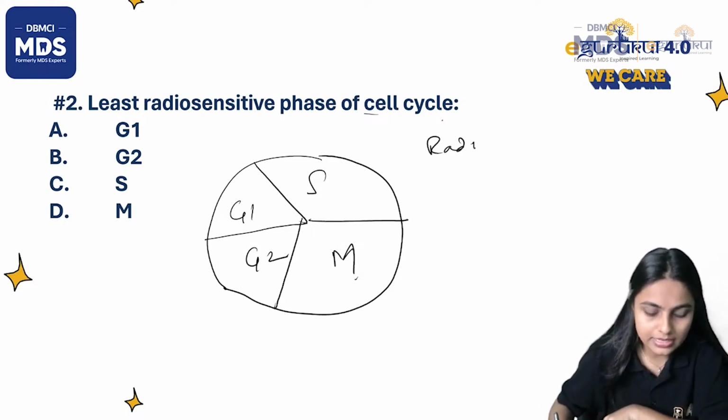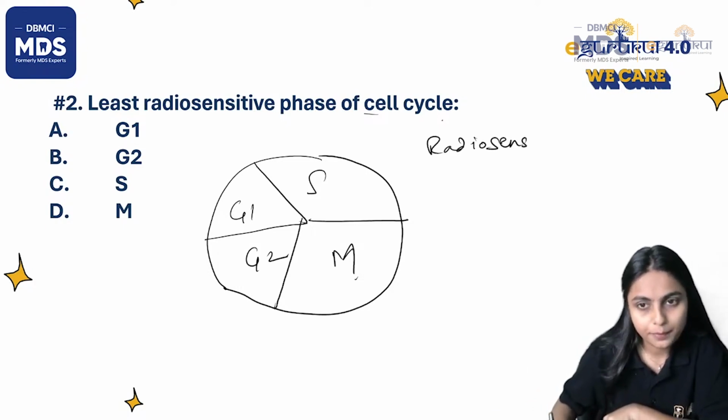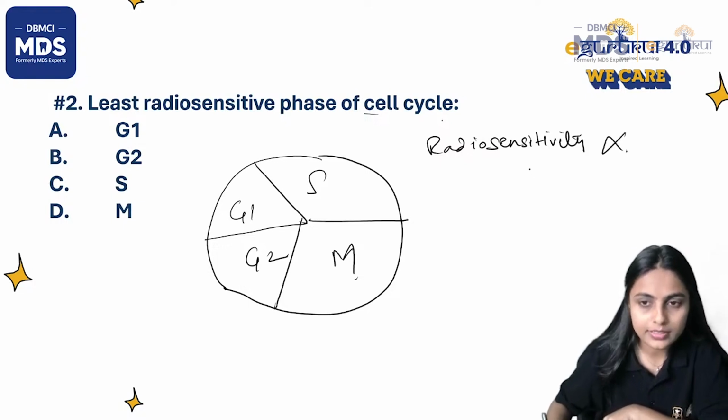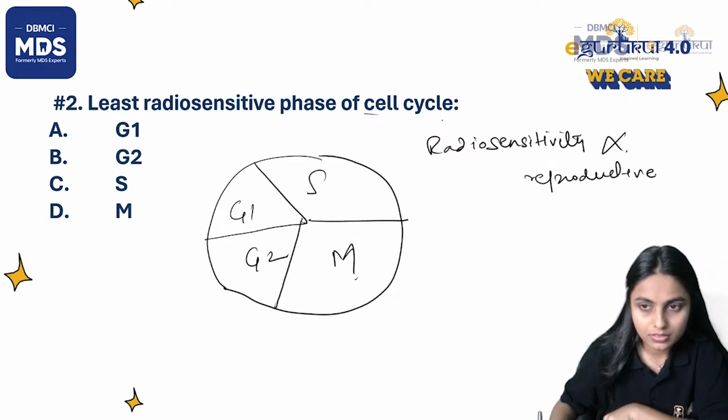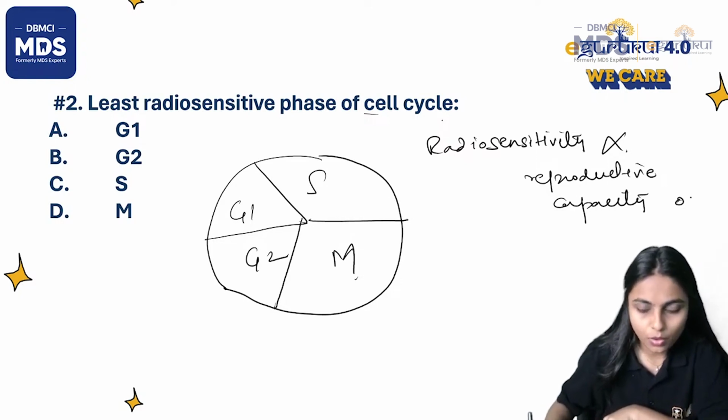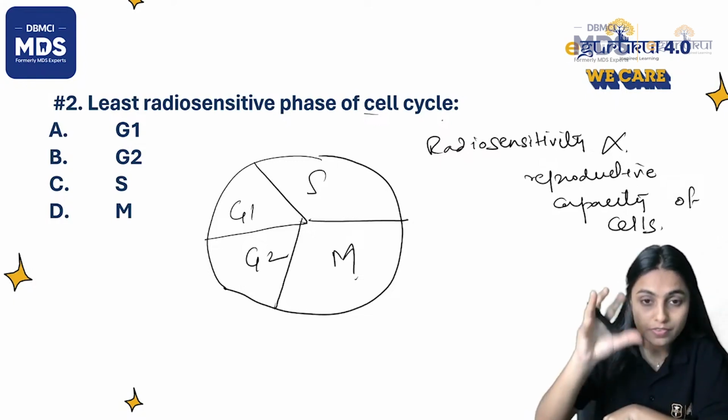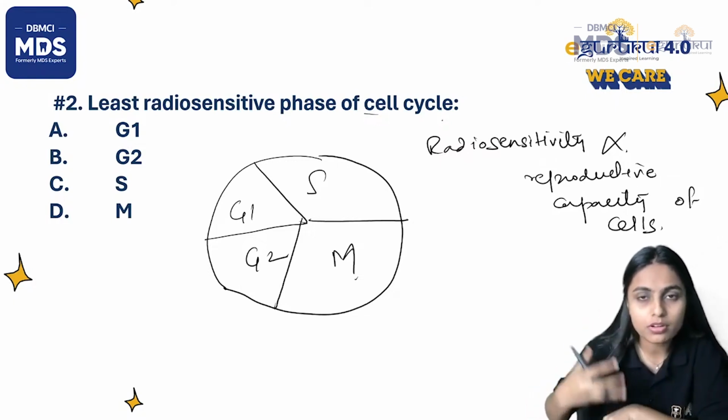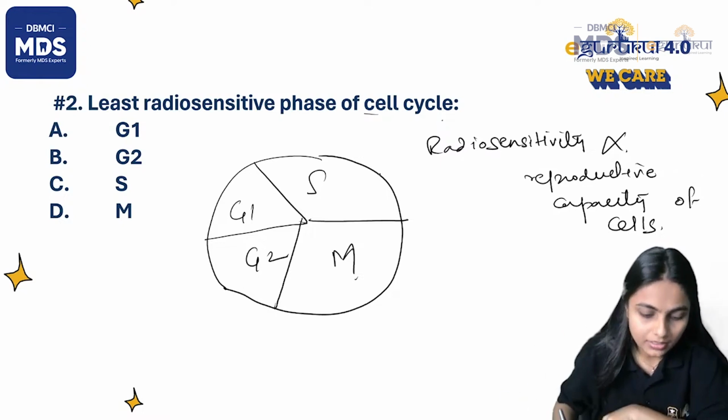So radiosensitivity depends on the reproductive capacity of cells. In which phase are the cells more reproductive or dividing?